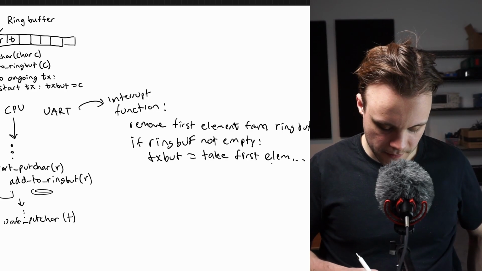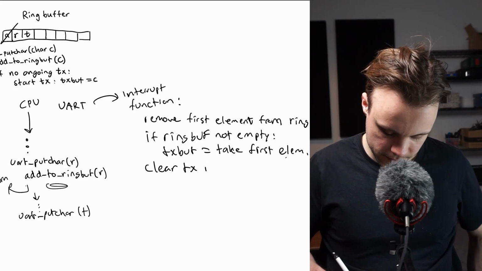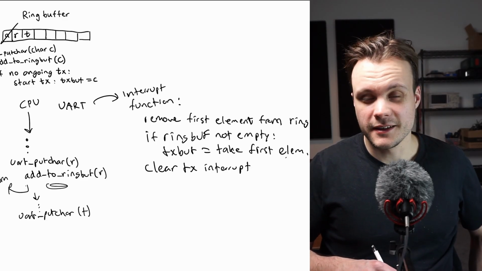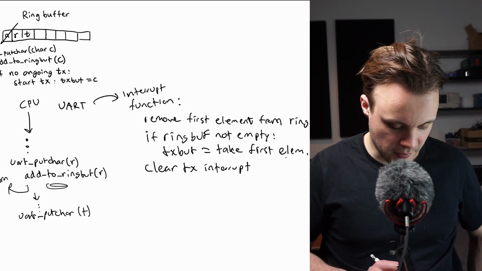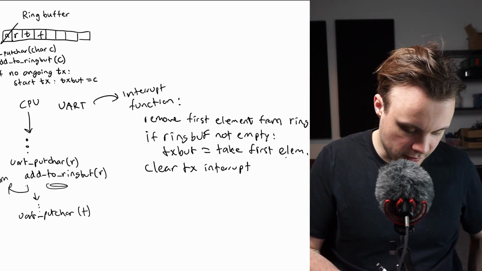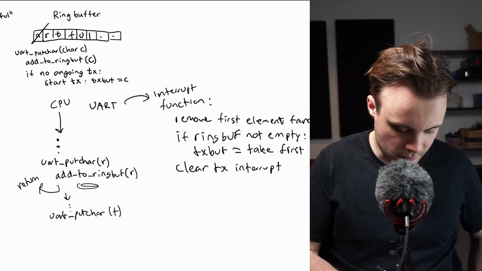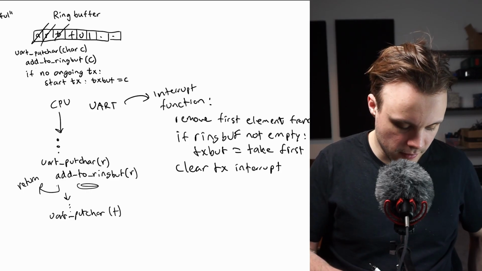And then before I leave the interrupt function, I also have to clear the TX interrupt. And then we leave the interrupt function, and the UART continues transmitting the next byte, and the CPU continues doing whatever it is doing. So the CPU might be adding additional characters here, bam, bam, bam, and the UART will eventually trigger the next interrupt and remove this character, trigger the next interrupt, remove this character, and so on.